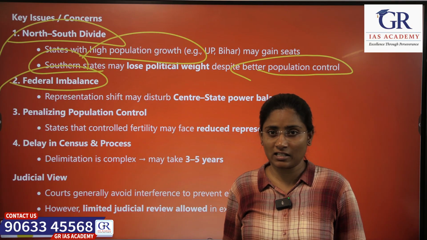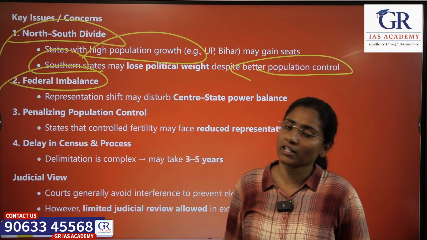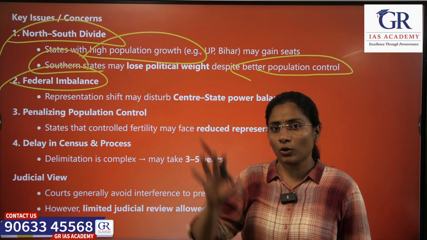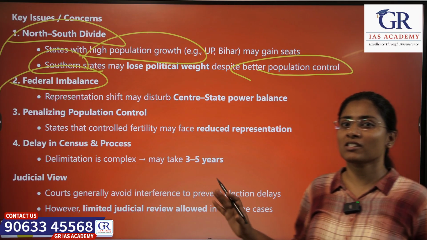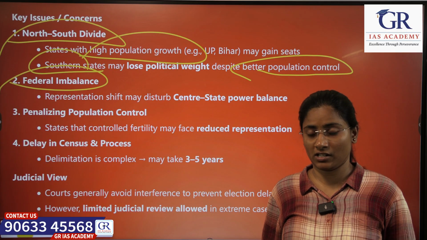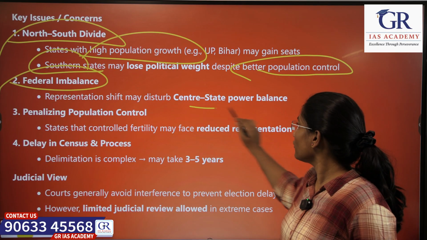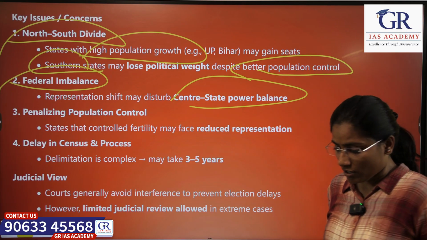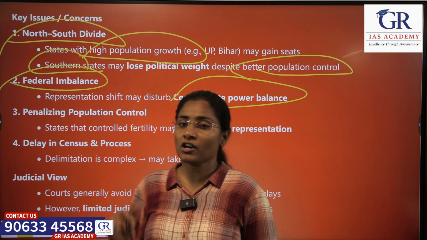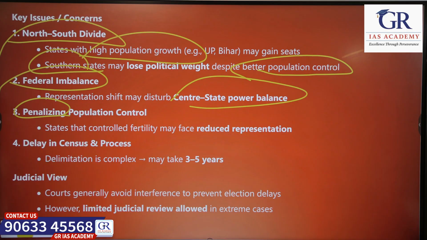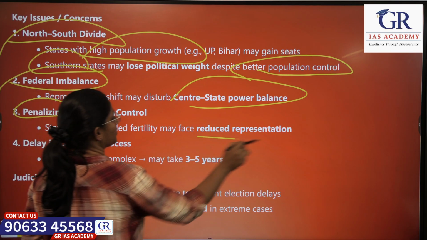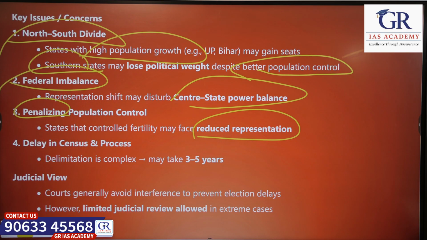Southern states will get fewer seats, so northern states will get more seats. Whole North Indian seats can control the whole of India because they will be a majority in number of seats. That is how federalism will be disturbed. And people who have worked for population control will be penalized for their work because of the reduced representation.